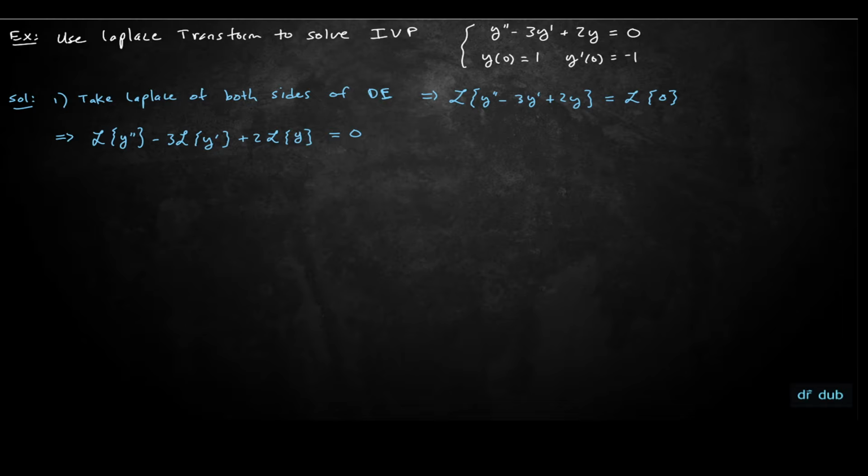Now Laplace of y double prime, we know is going to be s squared Y of s minus s y of 0 minus y prime of 0, and that's all for Laplace of y double prime, minus 3 times sY of s minus y of 0, and that's for Laplace of y prime, plus 2Y of s equals 0.